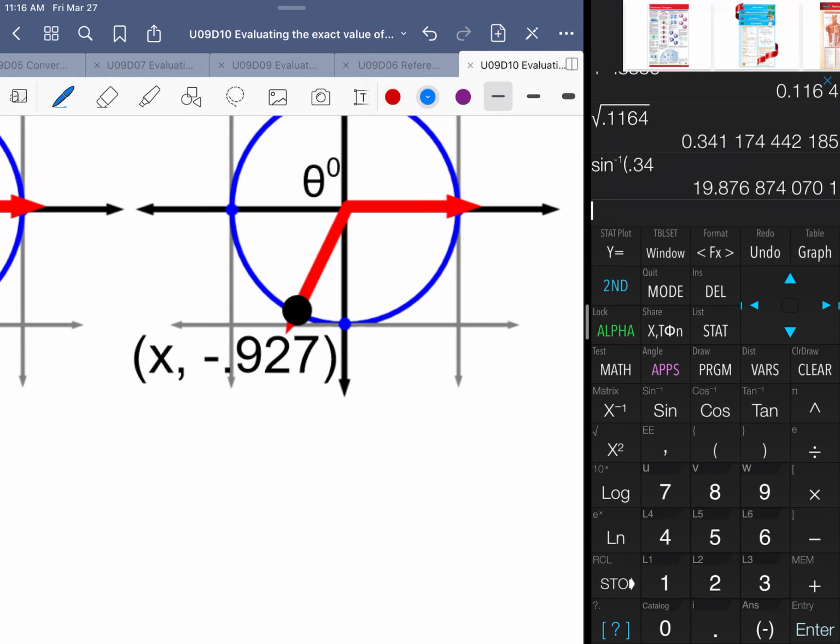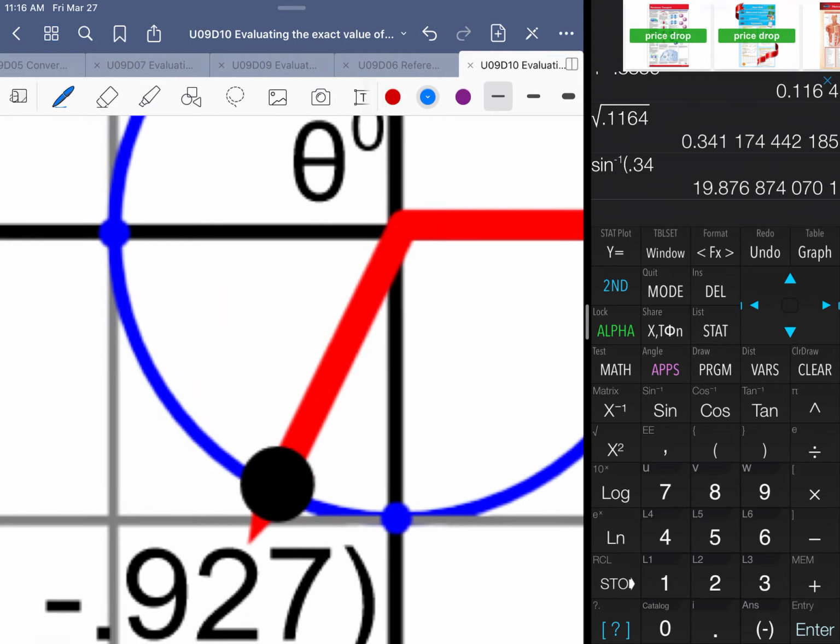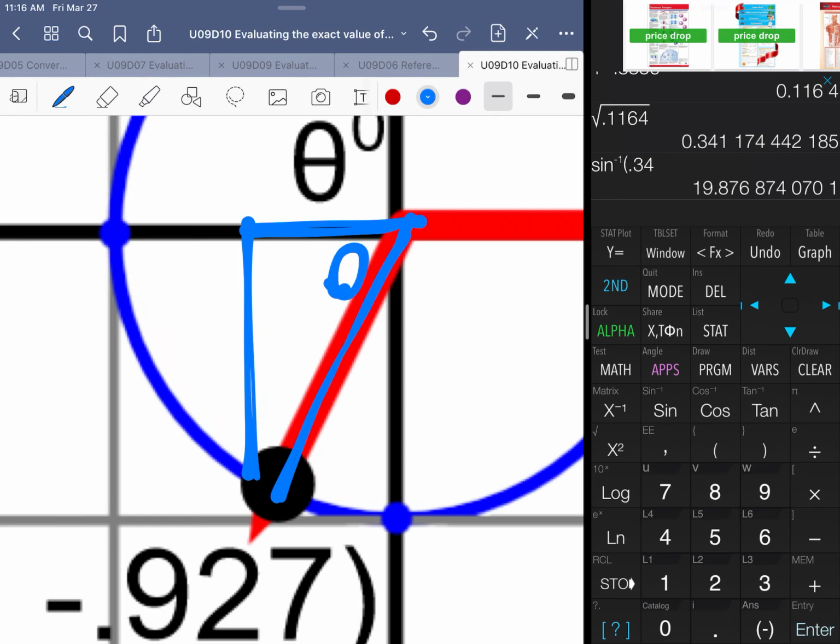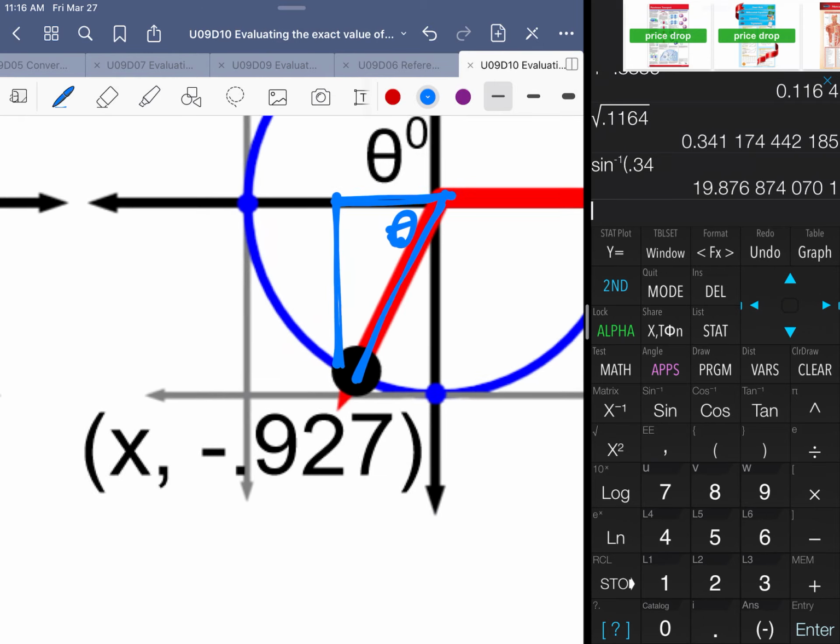So this one we can see our terminal side is actually in a different quadrant. It doesn't change anything, it's just we have to remember that now we're dealing with a reference angle that's up here instead. So the angle we're finding is actually not the angle that was given in the circle. It's actually, we'll be working with the reference angle of this triangle here.